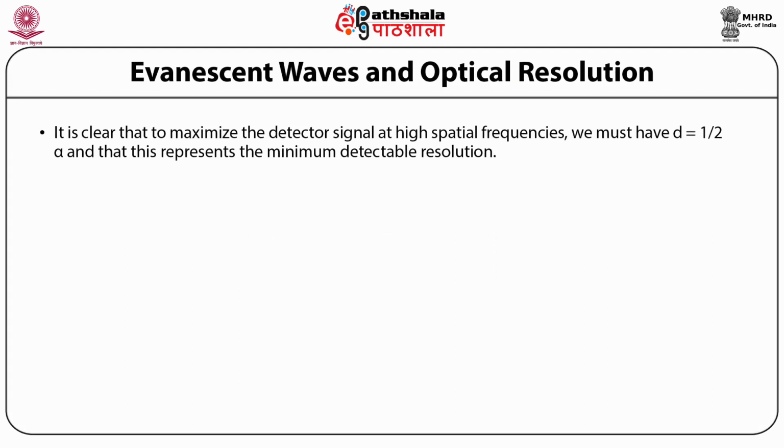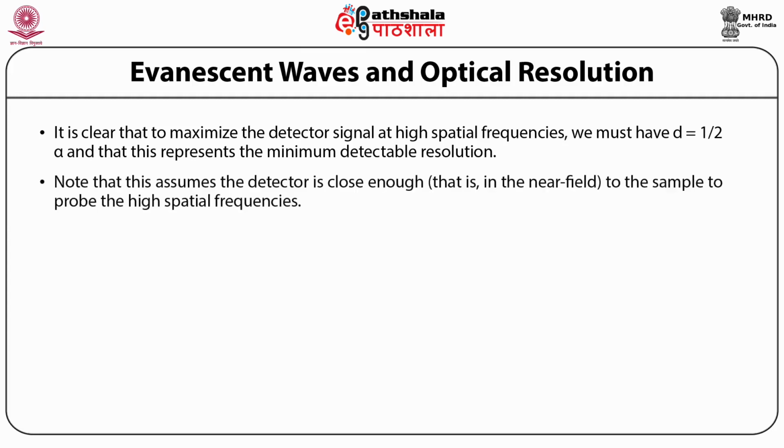It is clear that to maximize the detector signal at high spatial frequencies, we must have d equals 1 divided by 2 alpha, and this represents the minimum detectable resolution.